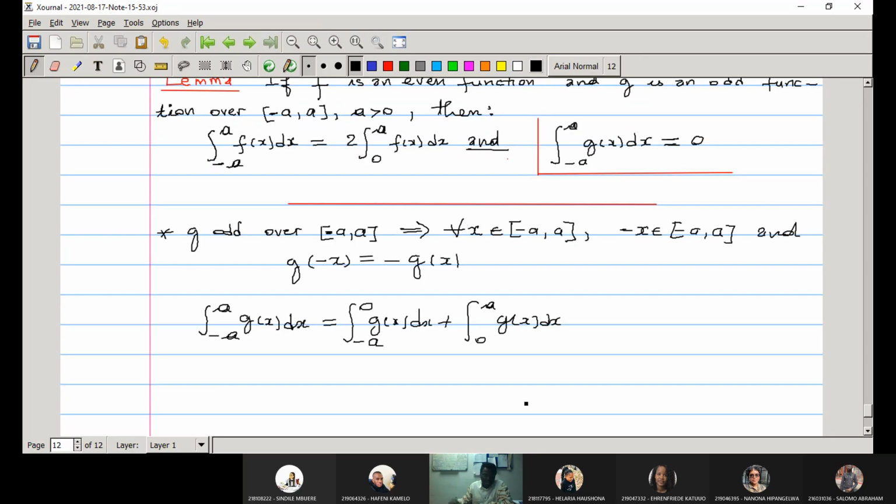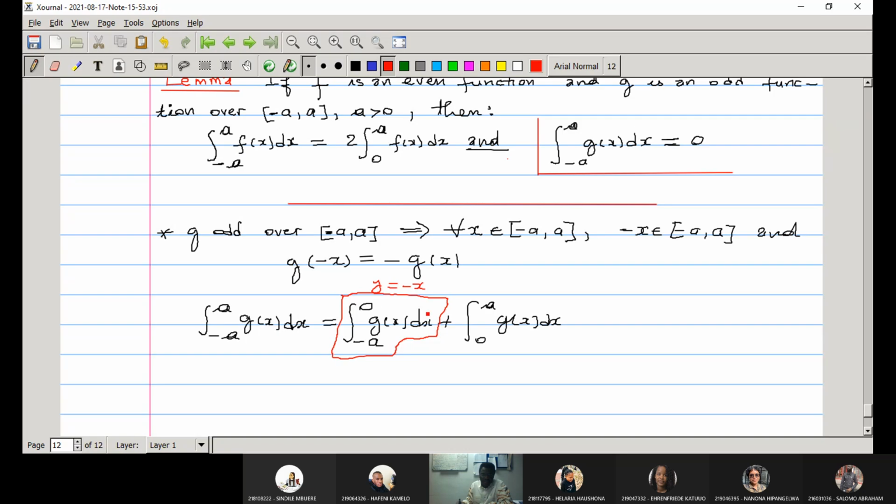From that, you can just use the first integral and apply the change of variable, for instance, y equal to negative x, and use this fact.